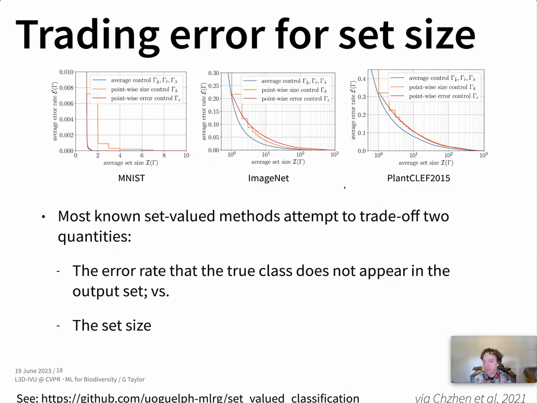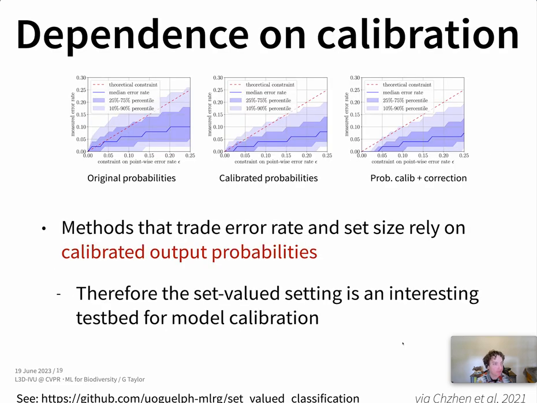A general trend across all of these data sets is that allowing individual points to violate constraints, either on the error or the size, yields flexibility that can improve the overall trade-off, as we can see in the average control curves in blue. So on the more substantial data sets, ImageNet and PlantCLEF, we see a significant gap between the blue methods that do average control and the methods that just do it on a point-by-point basis.